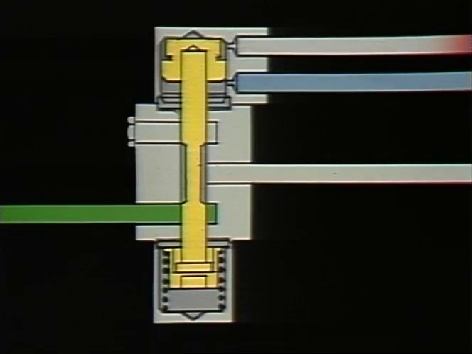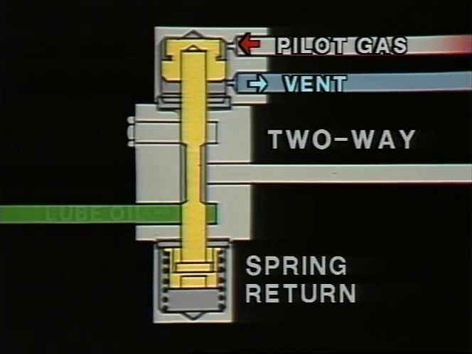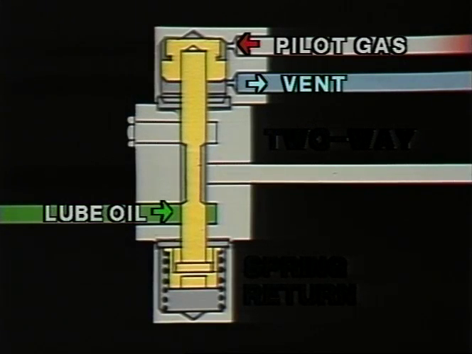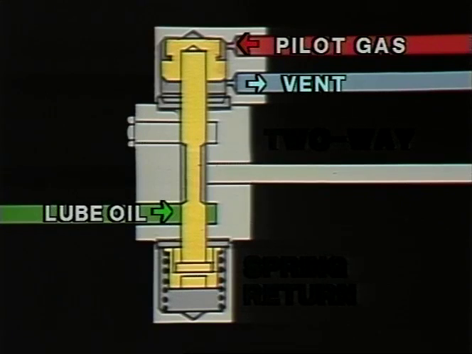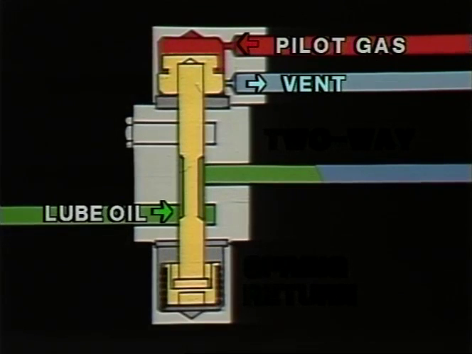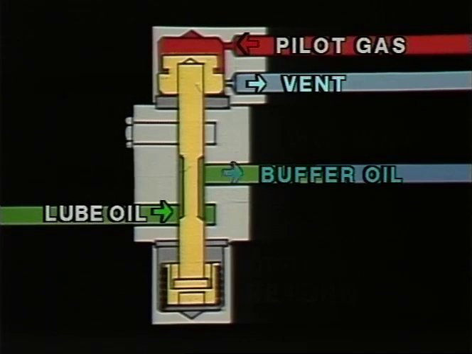This particular valve is a spring return two-way spool valve, but in this instance it is pilot gas operated. Pilot gas tapped from the main line to the starter motor enters the valve here. This pressurized pilot gas overcomes the spring tension and shuttles the spool valve down to allow oil to pass to the buffering zone.